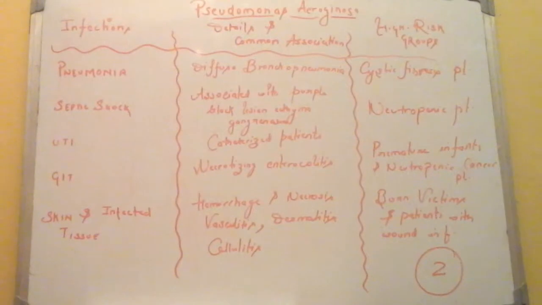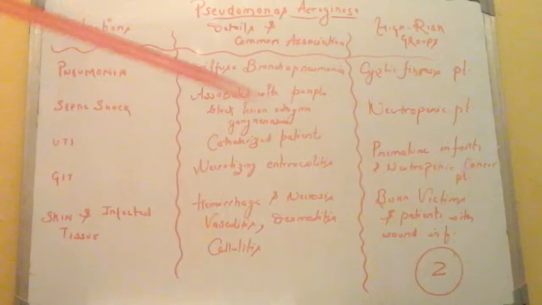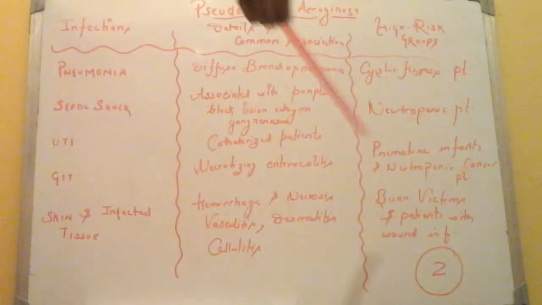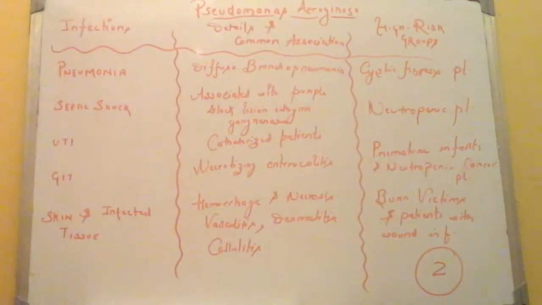If you take a wide look at the Pseudomonas aeruginosa group, the patients are not suffering from leukemia or something else. It is directly associated with neutropenic patients. The patient will have a neutrophil deficiency, not any other group.